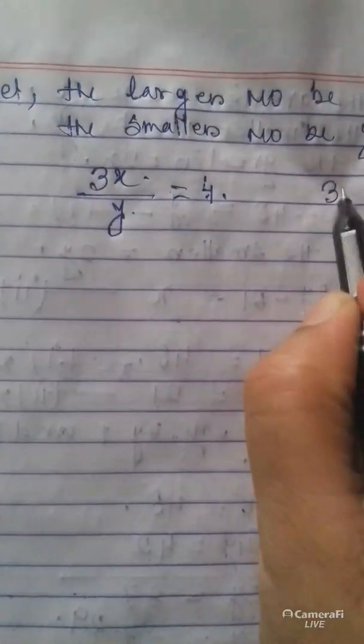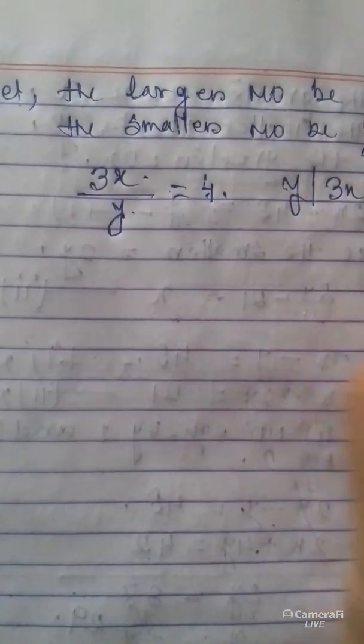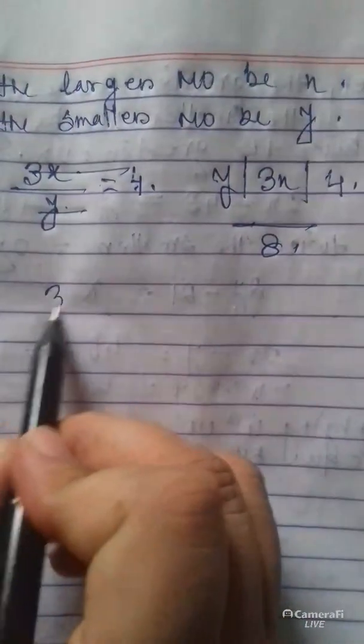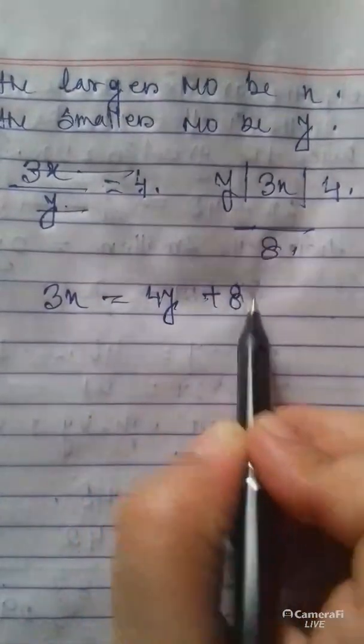Means if 3x divided by y, then 4 is a quotient and 8 is a remainder. Then condition is 3x equal to 4y plus 8.